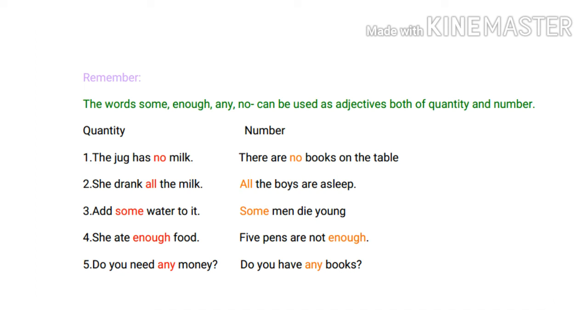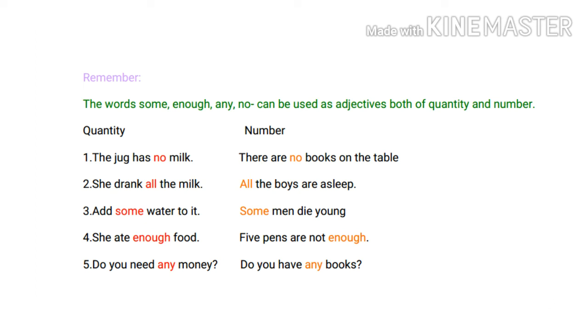Next one, add some water to it. Here some denotes the quantity of water to be added, whereas some men die young. In this sentence, some refers to the number of men. Similarly, she ate enough food. Here, in this expression, enough denotes the quantity of food that she ate.